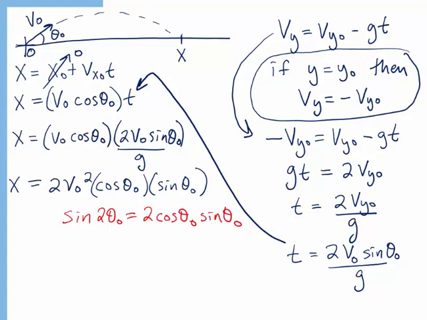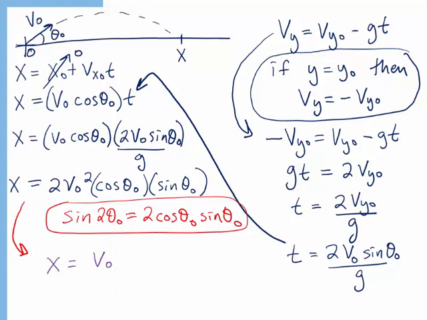That's one of those trig identities that you learned about when you took trig. We call those the double angle formulas. There were also the half angle formulas. So just know they exist, but you certainly don't have to know them off the top of your head. Notice that that allows me to now rewrite my final answer as x is equal to v naught squared sine 2 theta naught divided by g.